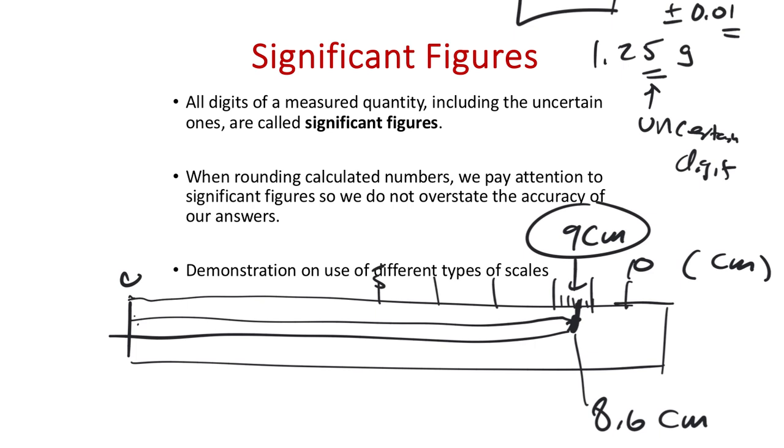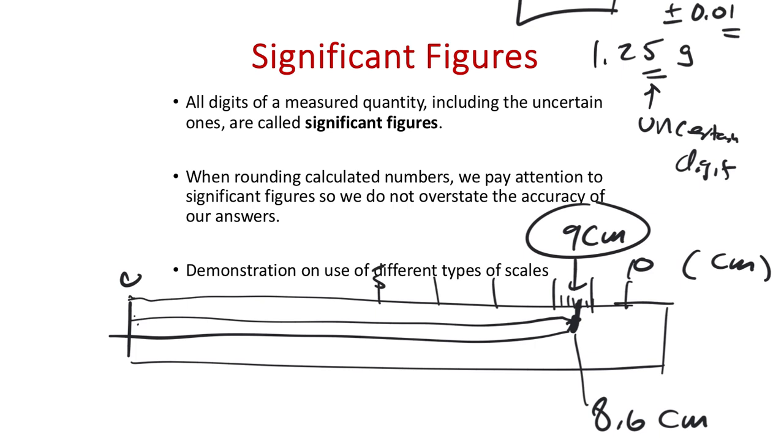If we have a good ruler, we can determine this length very precisely. If we have a poor scale like the first one, we can determine it to a very low amount of precision. So whether we want to know it's 9 versus 8.6 versus 8.65, the number of decimal places we want to know the length to depends on the scale that we use. Now, the object always has some true value.